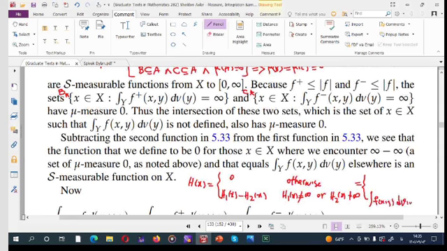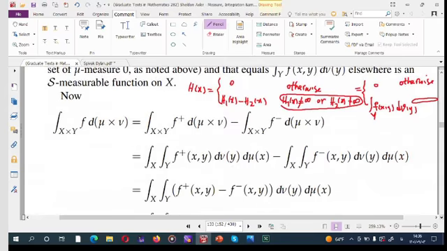We must repeat this, and otherwise, so that this function is measurable on X.